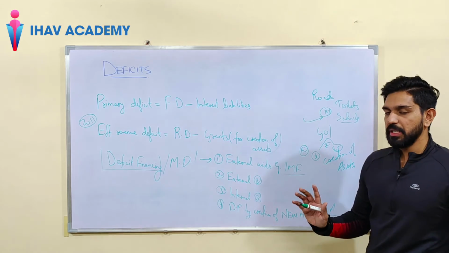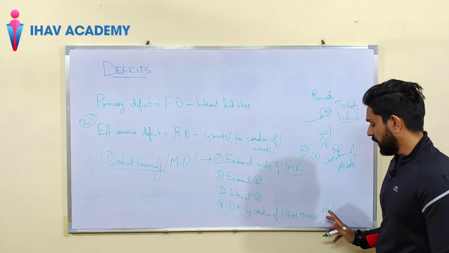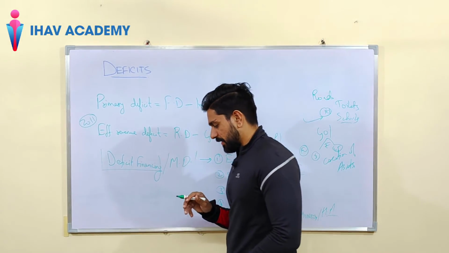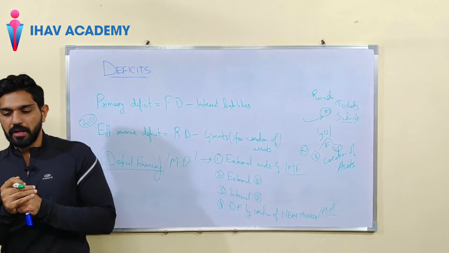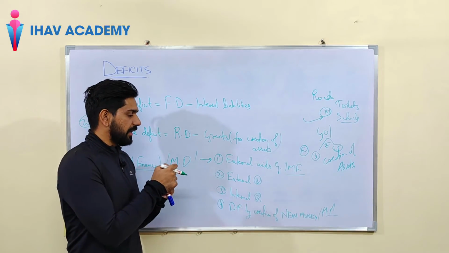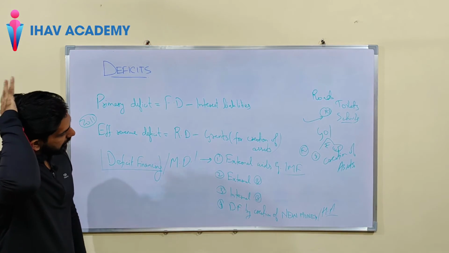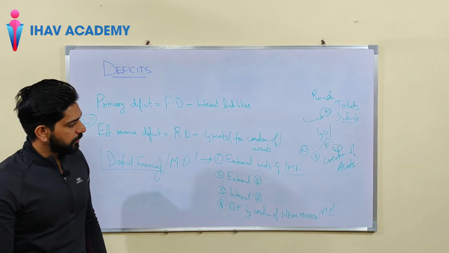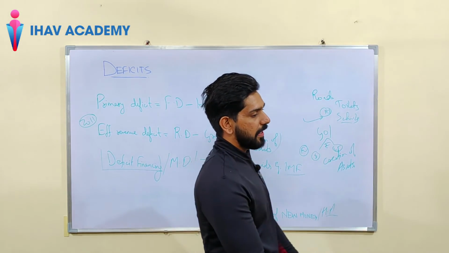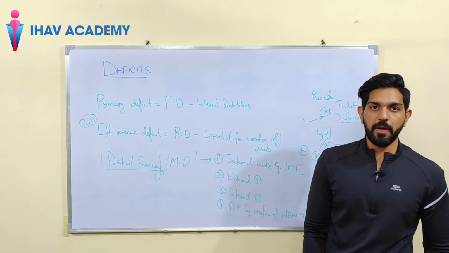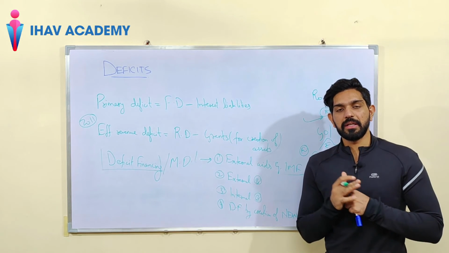In one of the newspapers, this term has been included, that after the COVID-19 pandemic we have to recover, right? So that's why some of the economists are suggesting that please print this helicopter money and give it to the residents of India, so their demand will get increased.